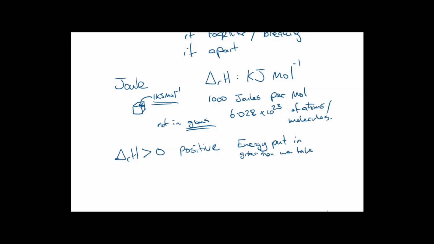So the energy has to go somewhere, so it goes into the molecules and becomes the enthalpy of that molecule. So think of our system. If we have like a magic box here, and we want to break them apart, we put energy in, okay? That would be positive enthalpy. And the way to remember that is this is endothermic.